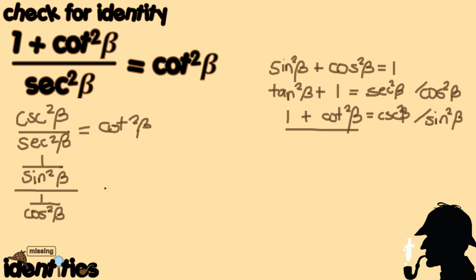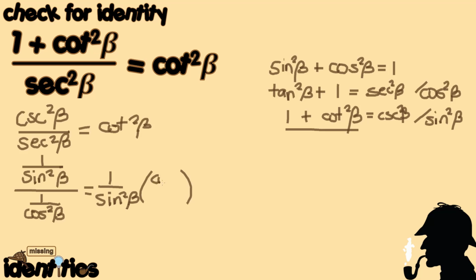Take note, we are dividing two rational expressions. Just like dividing two fractions, you're going to use the keep, change, flip method, meaning we keep the numerator or our dividend as 1 over sine squared beta. Instead of division, we change the operation to multiplication, and your divisor or denominator will be flipped or reciprocated.